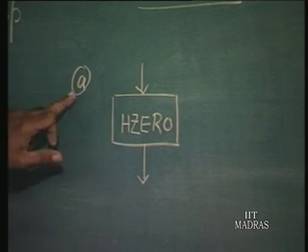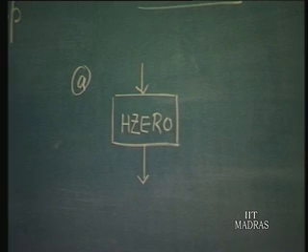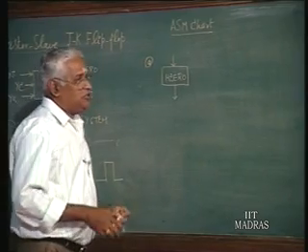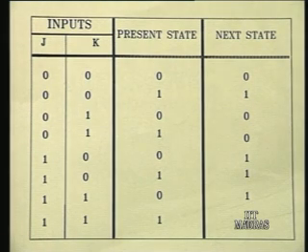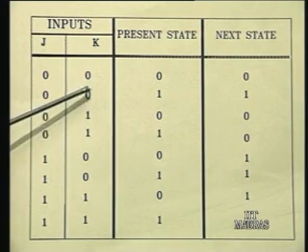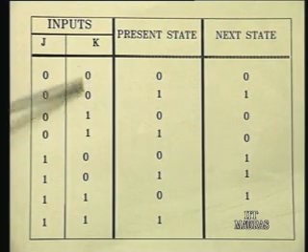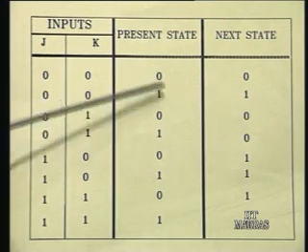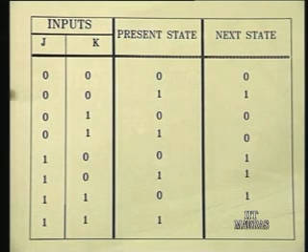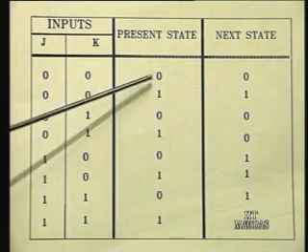In state A, output generated is 0. Good. Now, shall we take a look at the chart again and see what we are talking about here. Let's say we are somewhere here. The present state is 0. The output generated is 0. That's what I mean. In the present state 0, the output generated is 0. That's what we are talking about.